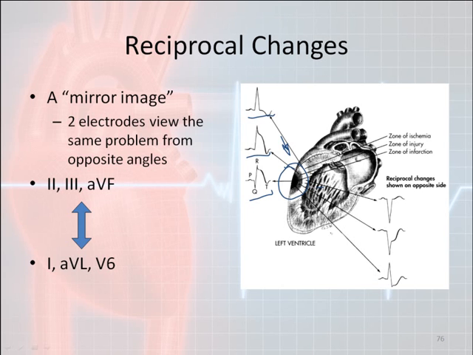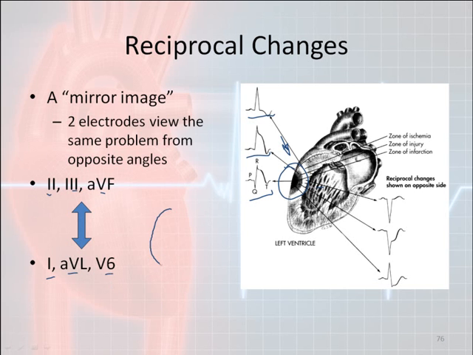So reciprocal changes can tell you a lot about the localization of particular heart attacks or ischemias or infarctions. The easy way to remember this is 2, 3, and AVF are reciprocal to 1, AVL, and V6. Why is that?